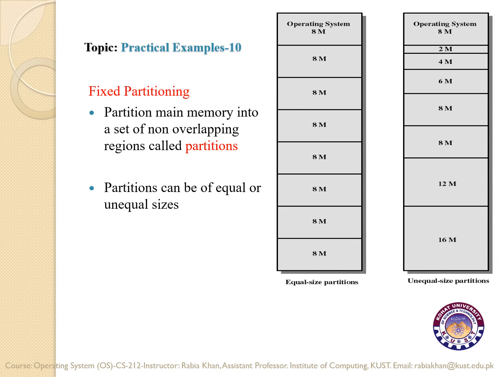You might have created partitions of your memory, so you would have an idea what a partition is. And if the RAM has been divided into chunks of regions which are permanent, such a partition is known as a fixed partition.